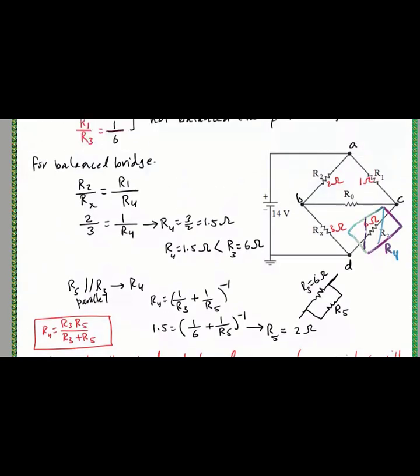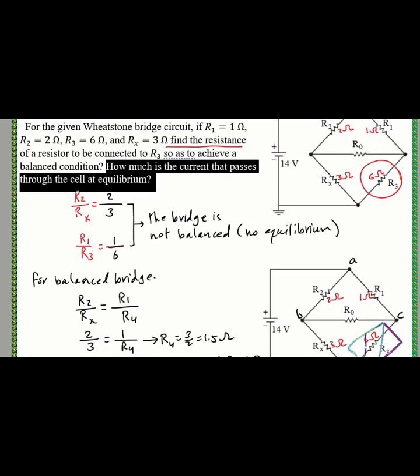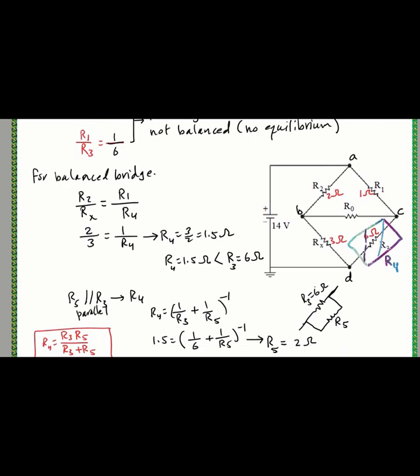Now, the question needs to know how much is the current through the cell at equilibrium. To solve this, we have two currents here in this circuit, one through R2 and Rx, which is I1, the other through R1 to R4, which is I2.